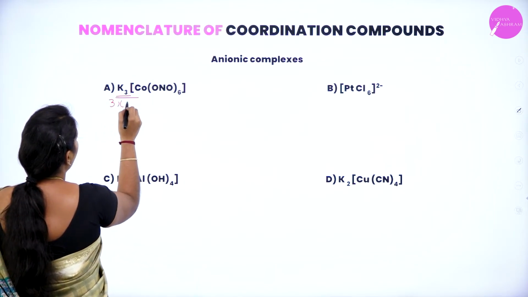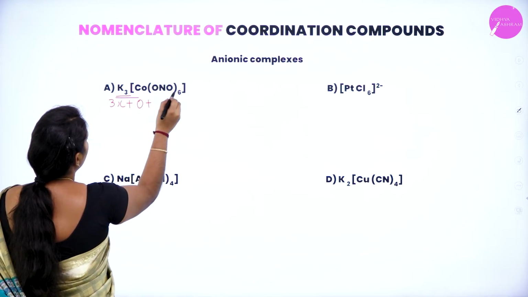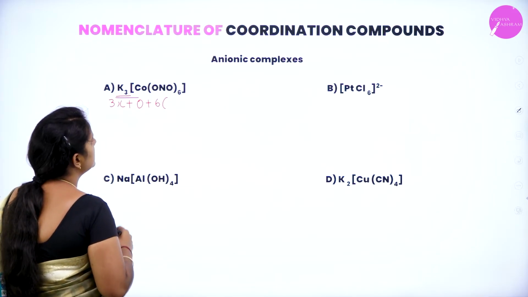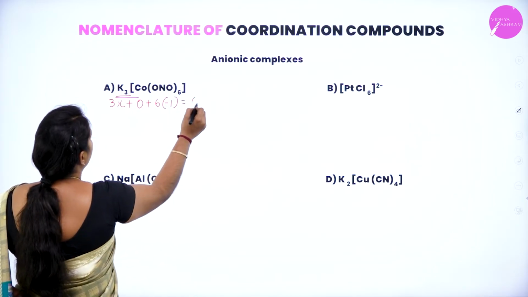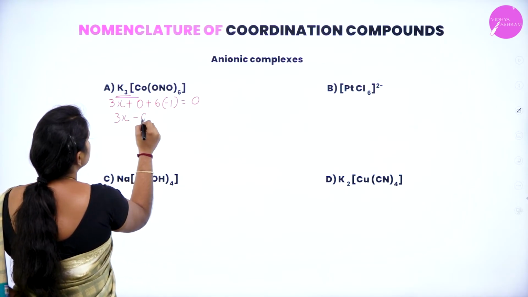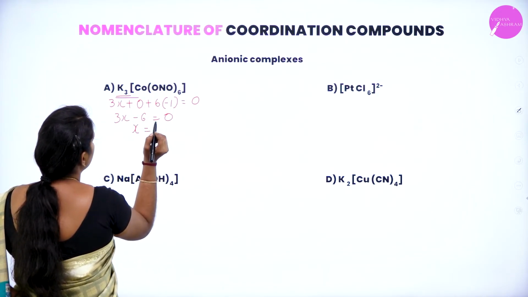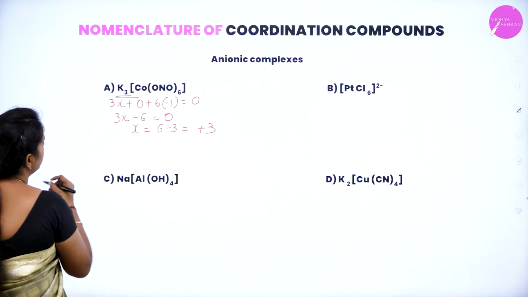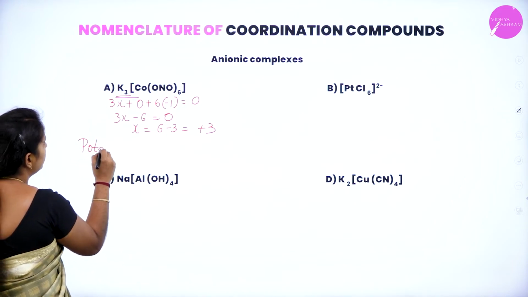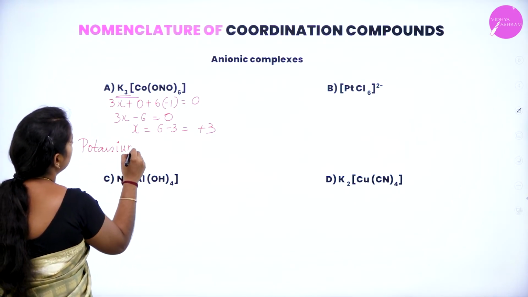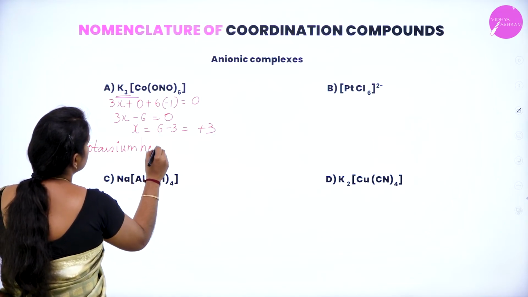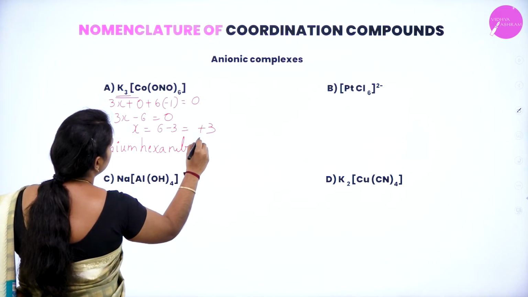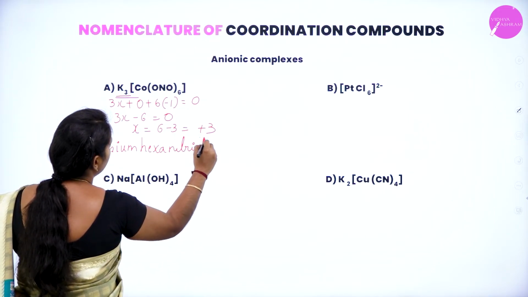So it is 3 into X for the cobalt plus 0 plus 6 into, for the nitrito it is -1, which is equal to 0. 3X minus 6 is equal to 0 and X is equal to 6 by 3, which is nothing but a +3 oxidation state, and it is named as potassium hexanitrito cobaltate 3.